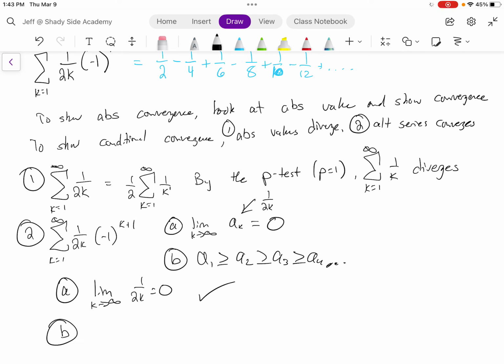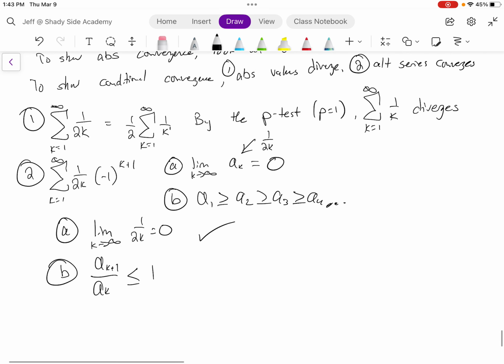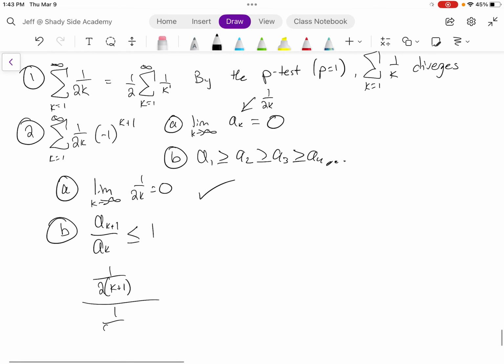Okay, B. Again, we don't want to look at a limit. We want to look at the k plus first term over the kth term, and can we show that this thing is less than or equal to 1? The k plus first term is 1 over 2k plus 2, and the kth term is 1 over 2k.